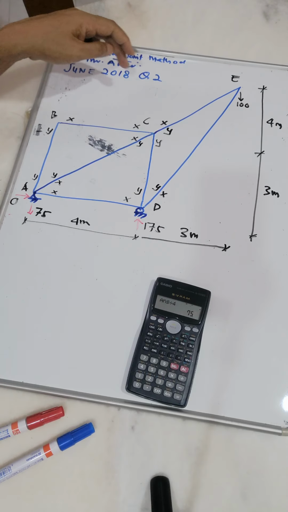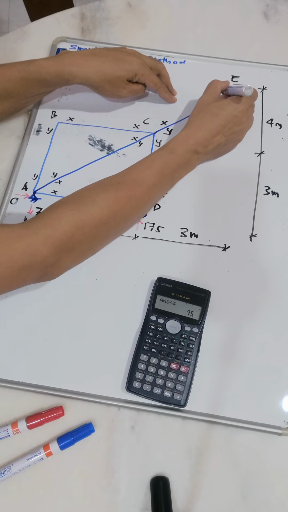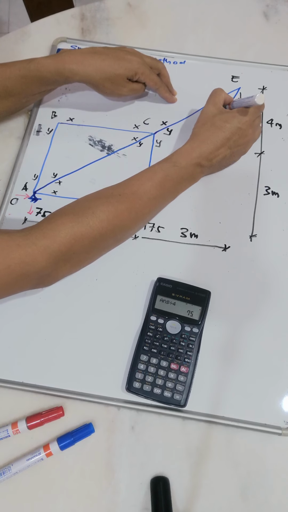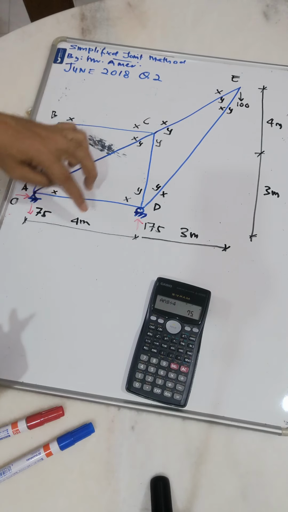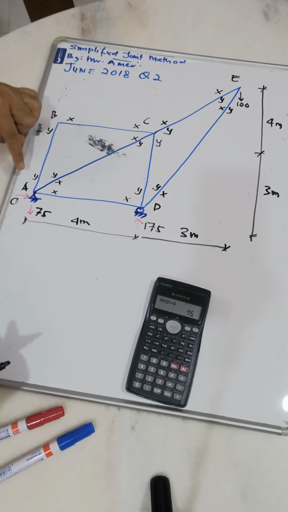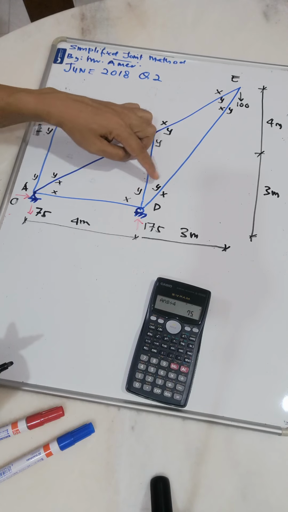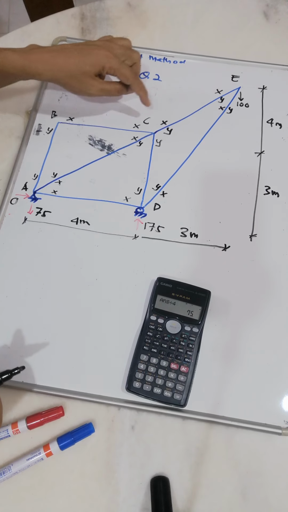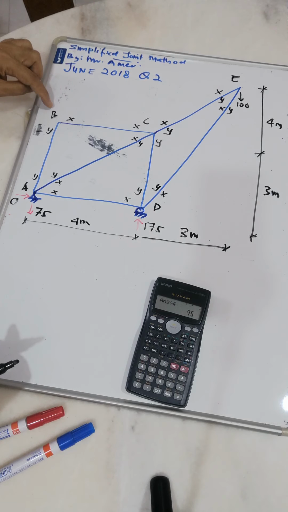At E there are 2 members, both inclined, so both members have unknown X and Y. Clearly, at A there are 2 unknowns in X and 2 in Y, and likewise at D and at E. At C there are 3 unknowns in X and 3 in Y. At B there is 1 unknown in X and 1 in Y.